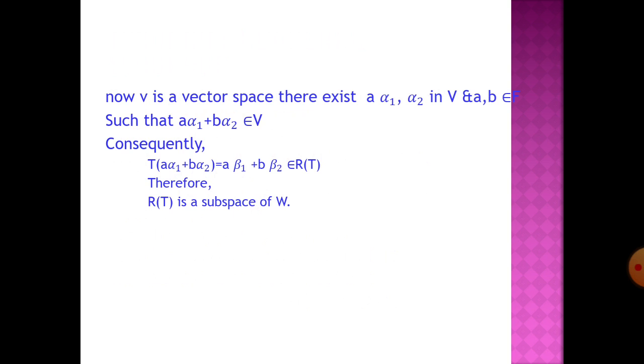Now V is a vector space, so there exist alpha 1, alpha 2 in V and a, b in F such that the linear combination stays in V. Consequently, T of a alpha 1 plus b alpha 2 is equal to a beta 1 plus b beta 2, which belongs to R of T. Therefore, the range of T is a subspace of W.